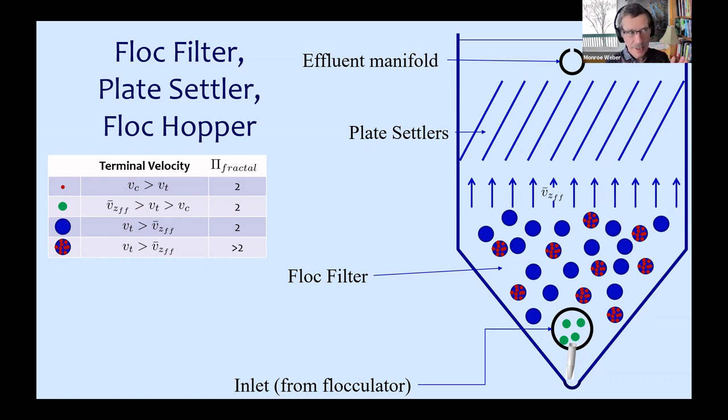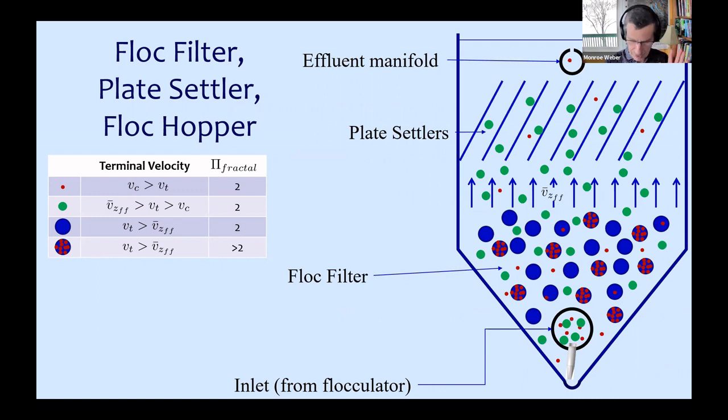They'll be sheared, they'll become smaller, and then they'll turn into the red guys that settle too slowly and end up not being caught by the plate settlers. So this is one hypothesized failure mode for this kind of a flock filter system and the Albert design: if the velocity gradient coming out of the diffusers is too high, it'll cause us a problem.